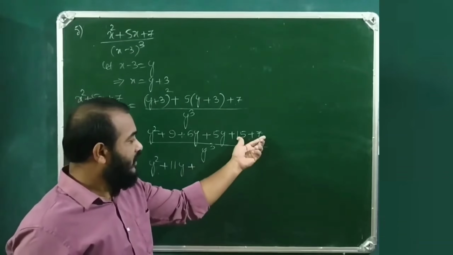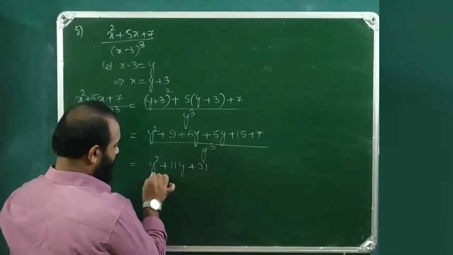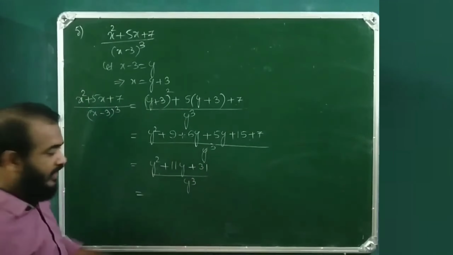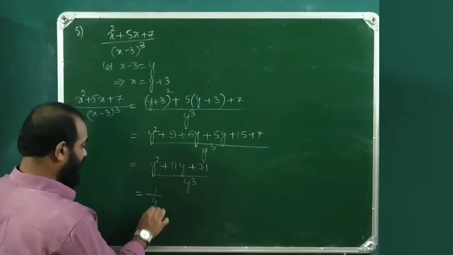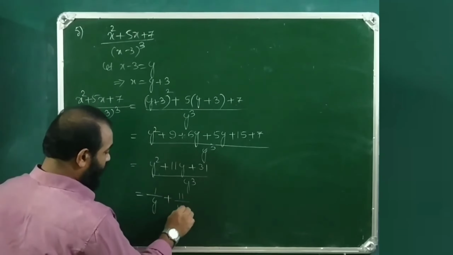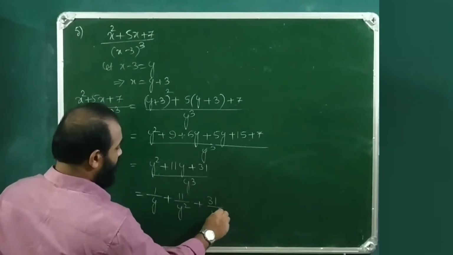So 15 plus 7 is 22 plus 9, 31 by y cube. y square by y cube is 1 by y. 11y by y cube is 11 by y square plus 31 by y cube.